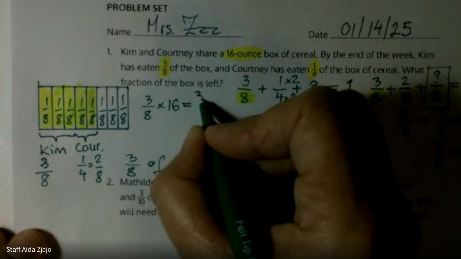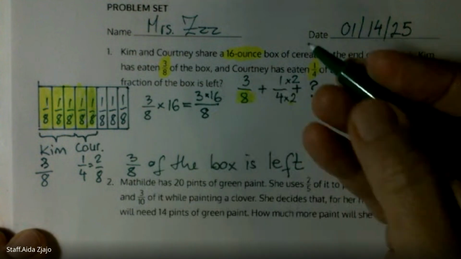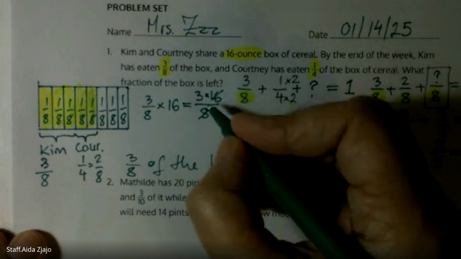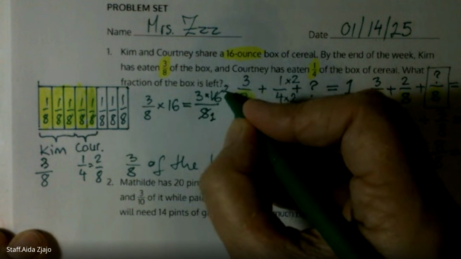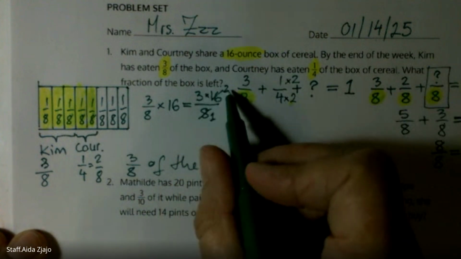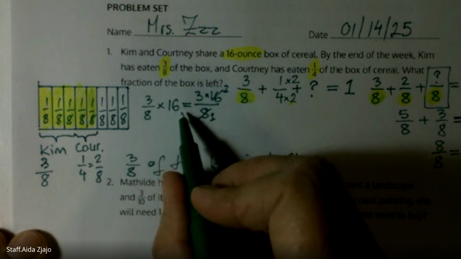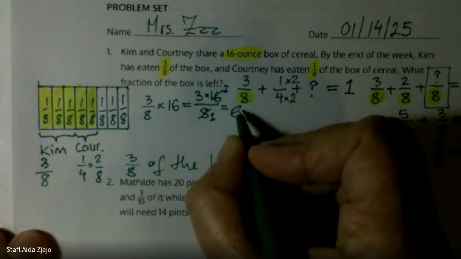That would be 3 times 16 divided by 8. You can simplify by dividing both 16 and 8 by 8. So here is a 1, here is a 2, and 3 times 2 is 6. So 3/8 of 16 is actually 6.